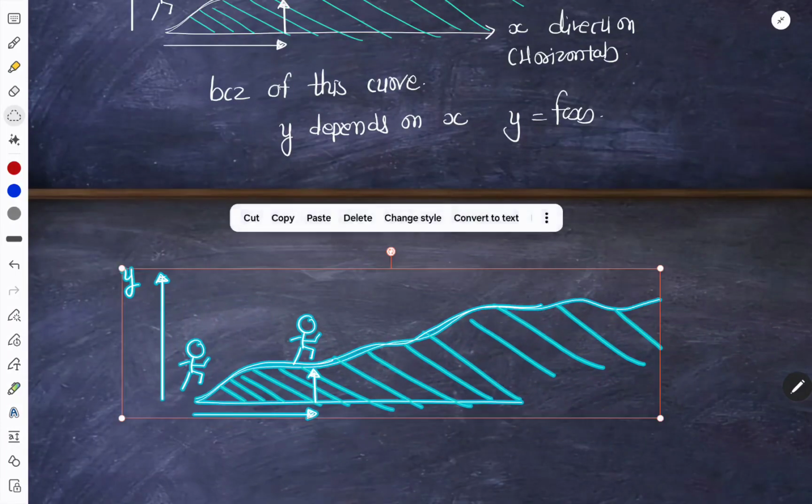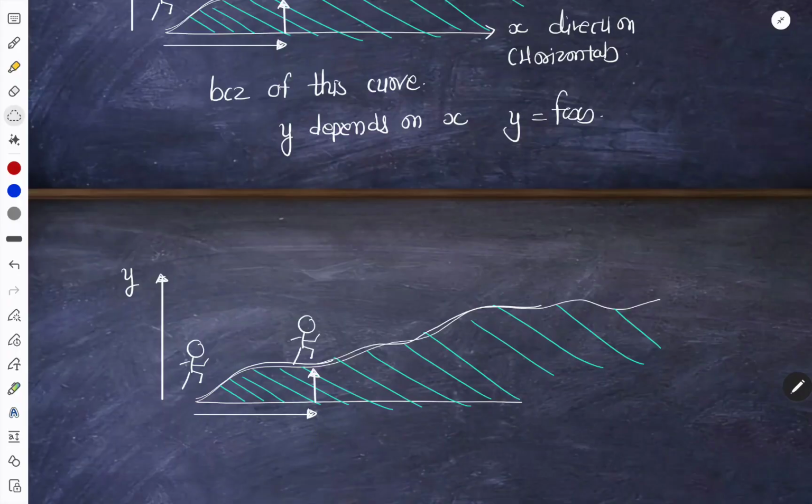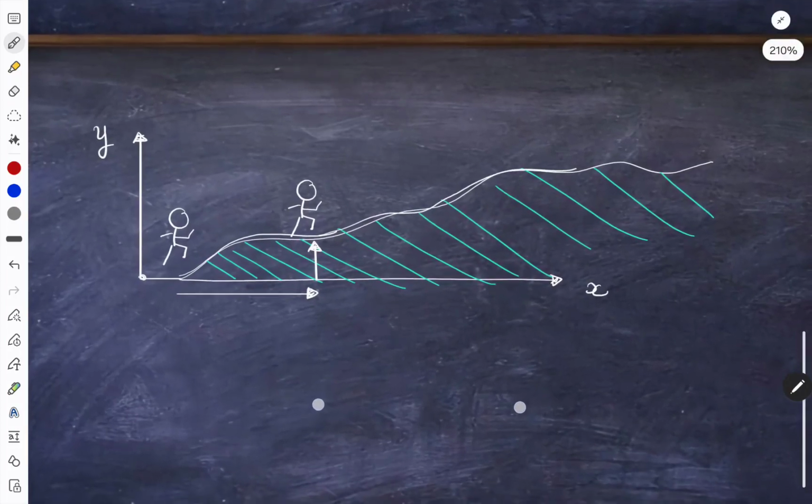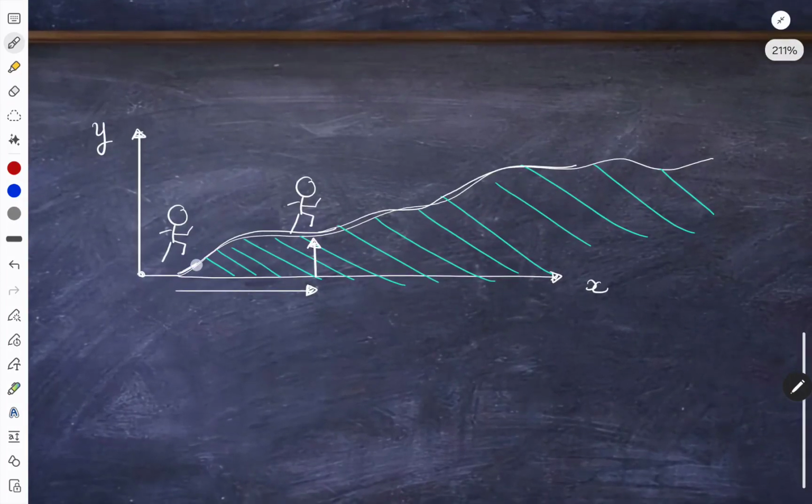Now if I go in the x direction, I would have some change in the y direction, but how much? Let us say I go just one step.